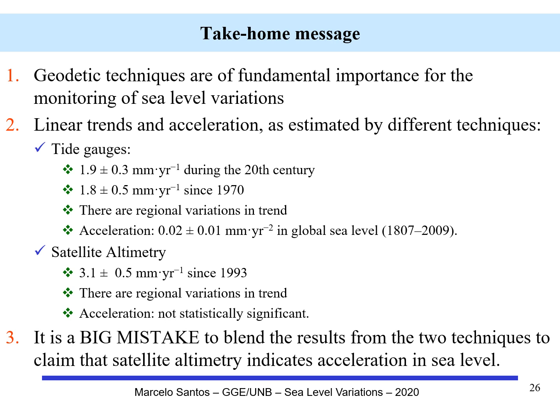These values yield a global sea level rise between 14 and 25 centimeters by the year 2100. It is a big mistake to blend the results from the two techniques to claim that satellite altimetry indicates acceleration in sea level, when each technique independently cannot detect any.